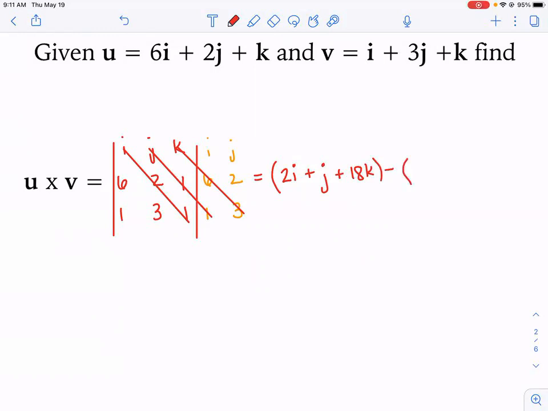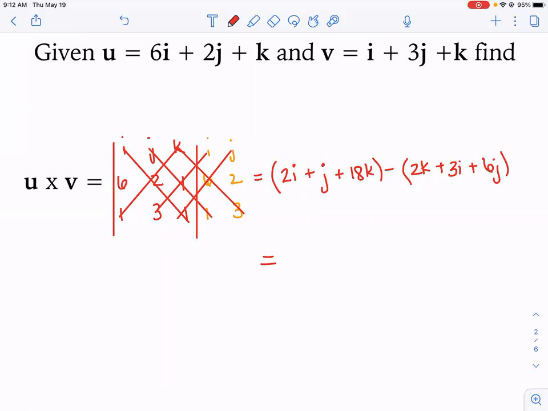Minus, in parentheses, we're going to do our other diagonals from the bottom up. 1 times 2 times k. Plus 3 times 1 times i. Plus 1 times 6 times j. Okay, so now it's just a matter of combining like terms.